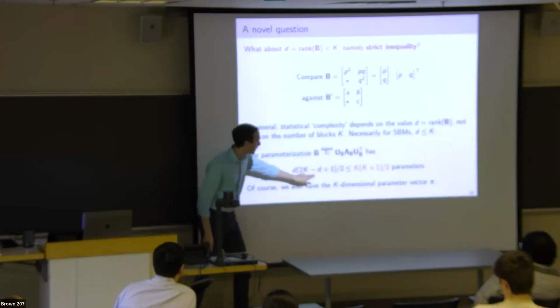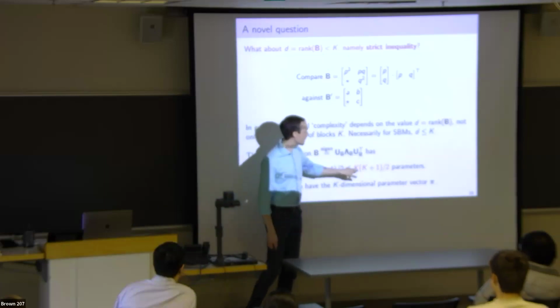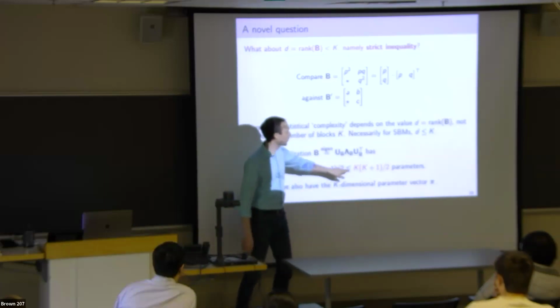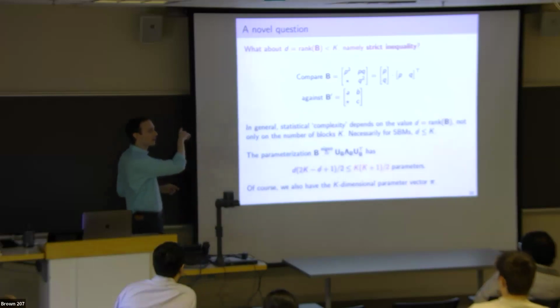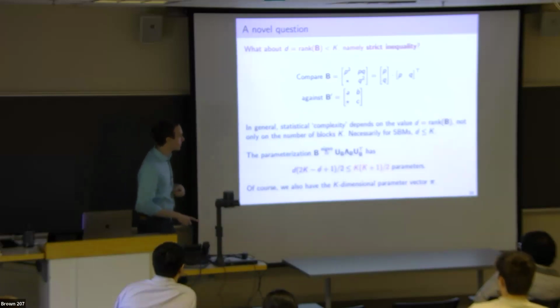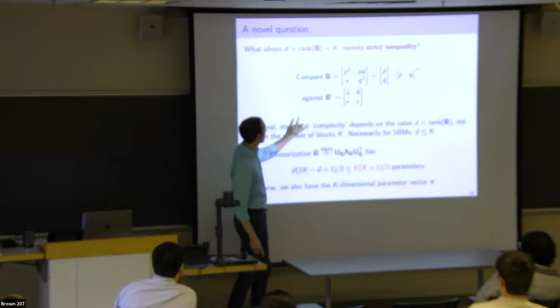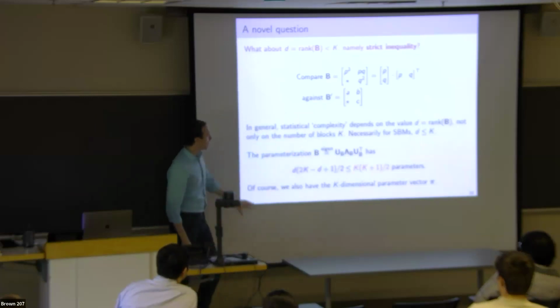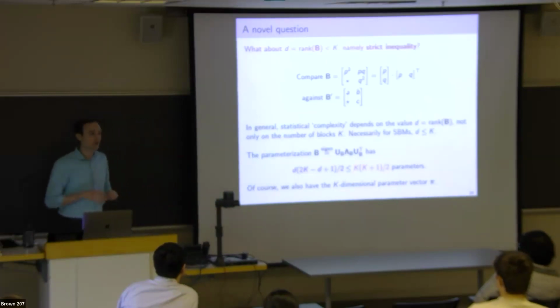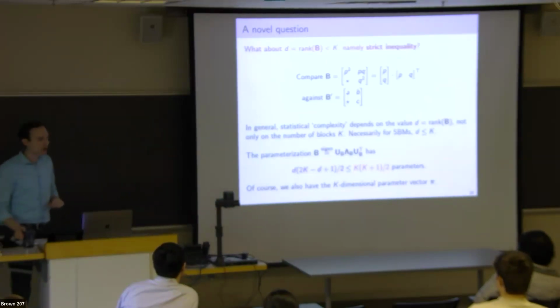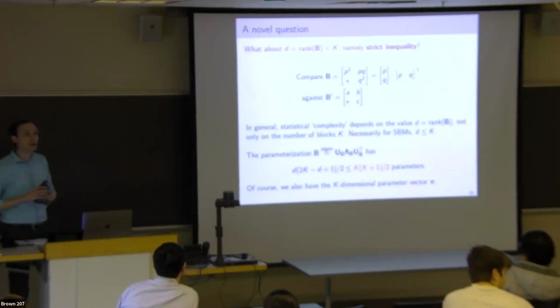And that expression given here is always less than or equal to the naive number of parameters, which is just the number of strictly upper triangular and diagonal elements of B. So when D is much smaller than K, blue and red are potentially much different, and therefore the complexity of the problem and estimation may be impacted significantly.